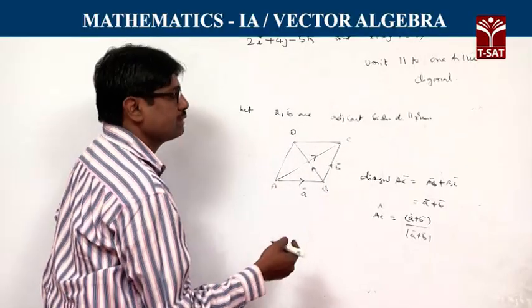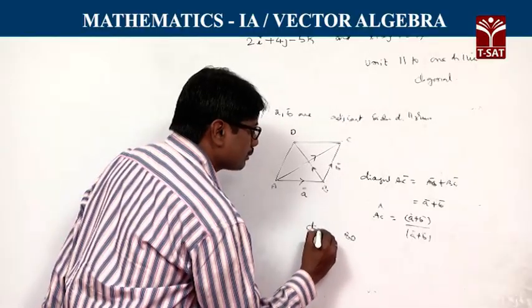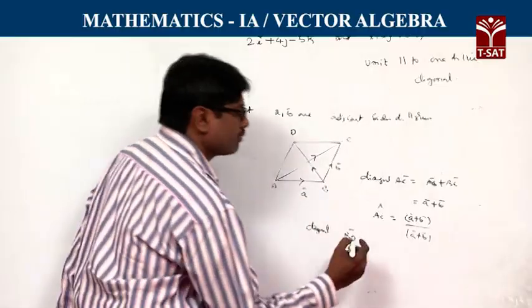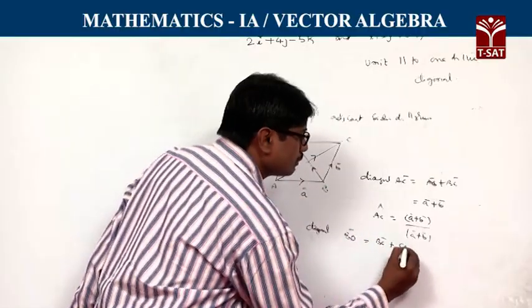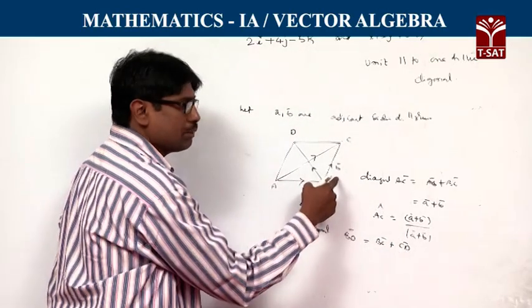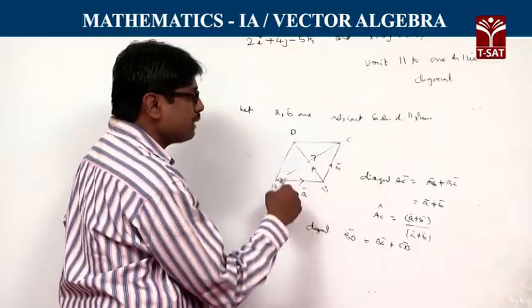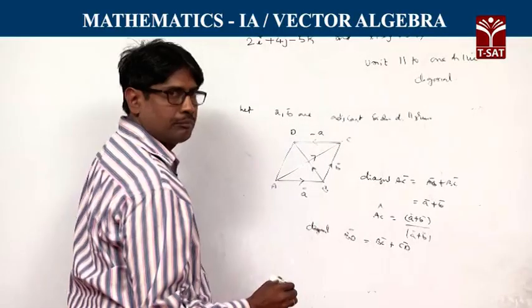Next, the second diagonal, BD bar, is equal to BC bar plus CD bar. BC bar is b bar and CD bar is in the opposite direction of a bar, that is minus a bar.